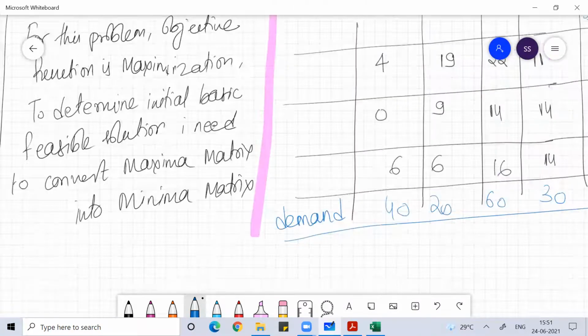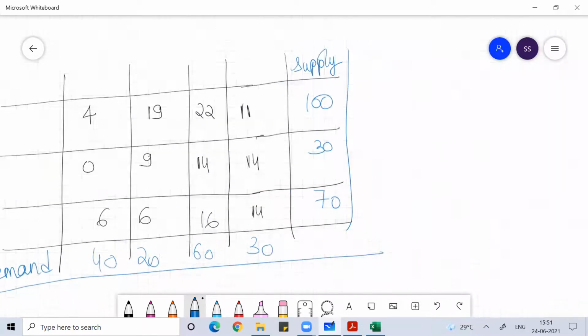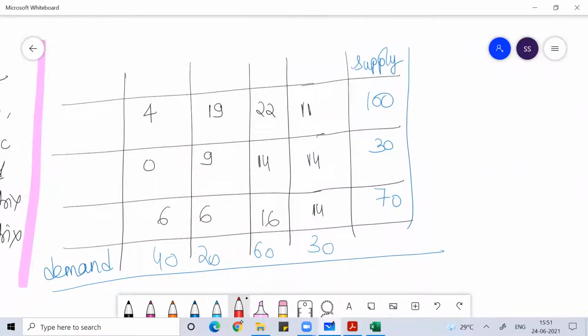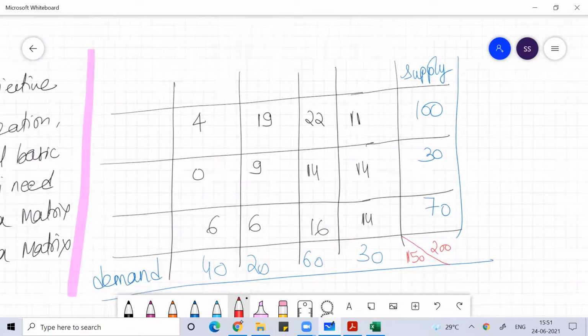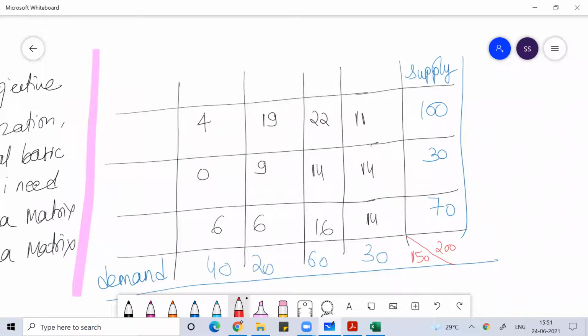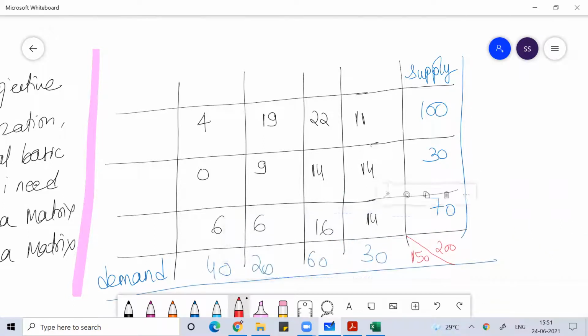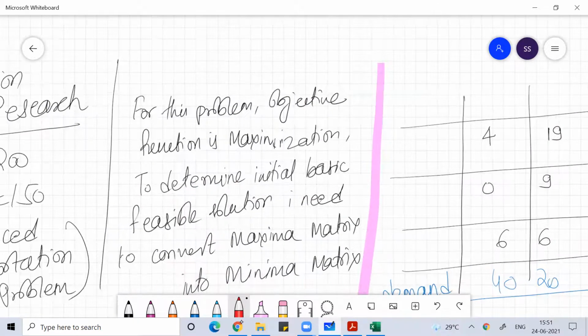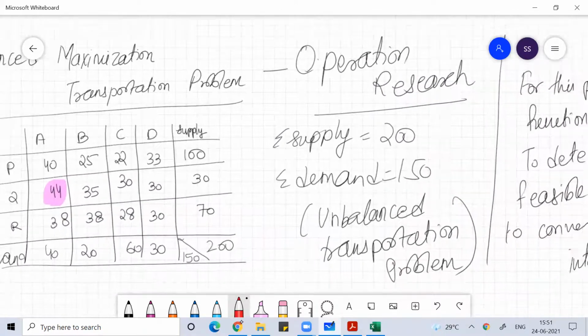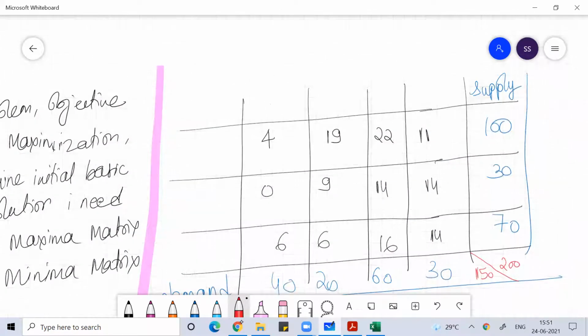This is 150, and this is 200. Again, you can see, guys, your total sum of supply is not equal to the total sum of demand. The rows are A, B, C, D and the columns are P, Q, R.